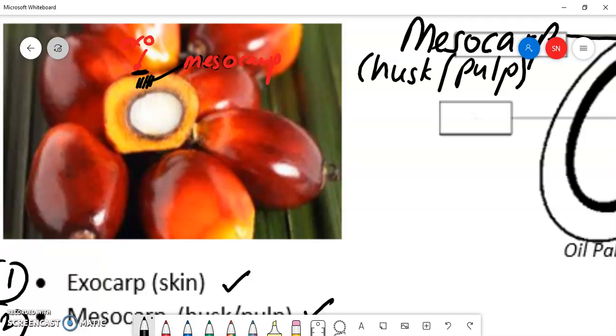Then we have the endocarp. This part here is the shell, just this region here. So this is called the endocarp. All right, and the innermost is called the kernel.